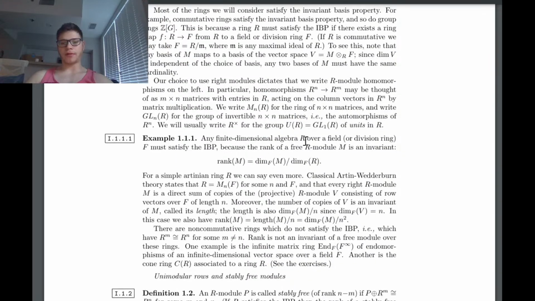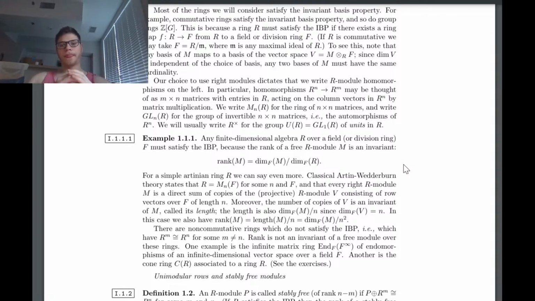For any finite dimensional algebra R over a field or division ring F, it has the invariant basis property because the rank of a free R module is the dimension of M over F divided by the dimension of R over F. Oh yeah, this is sort of the tower law with algebras.